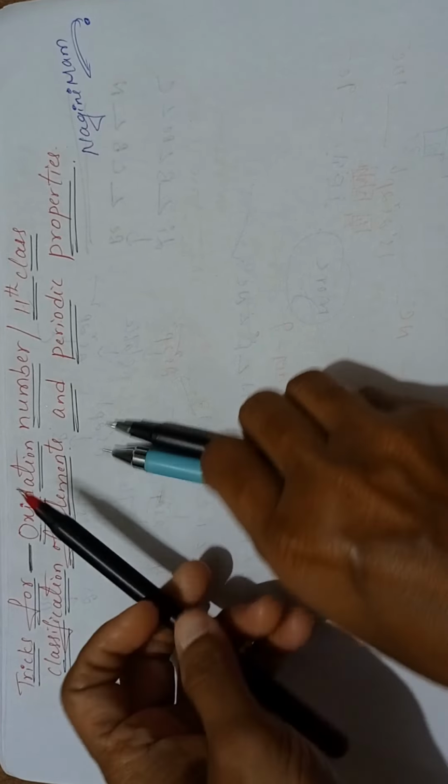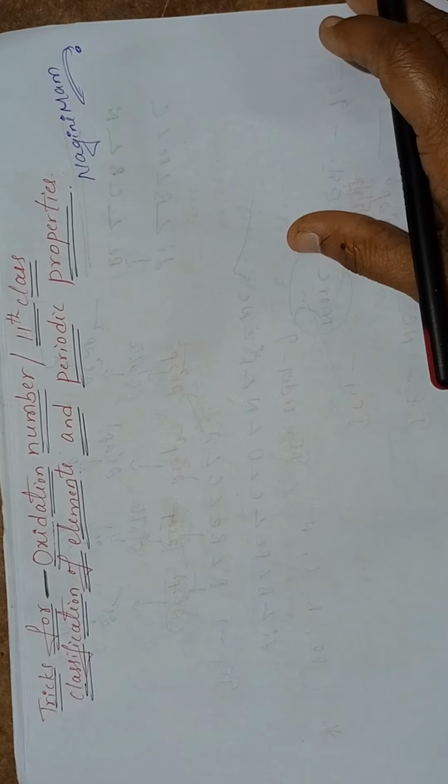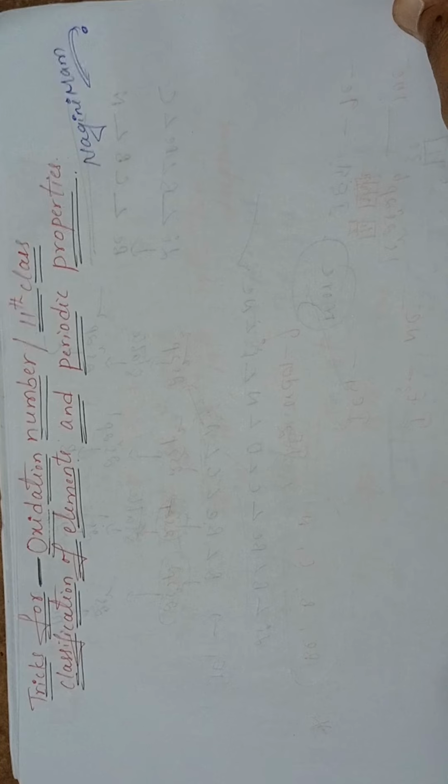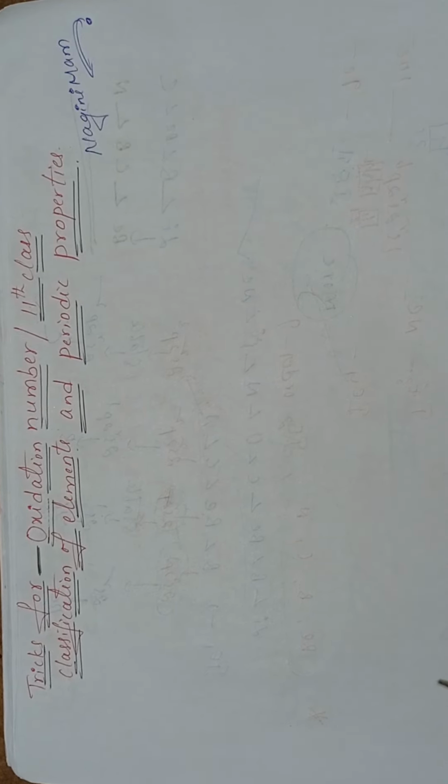So first definition, students. What is oxidation number? Oxidation number means it is an apparent charge on an atom.